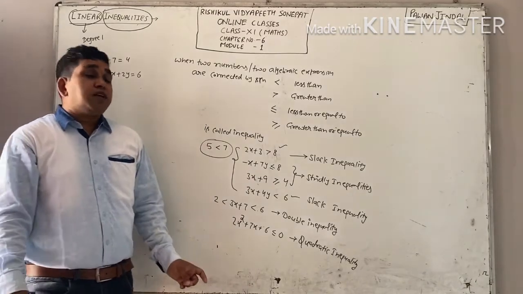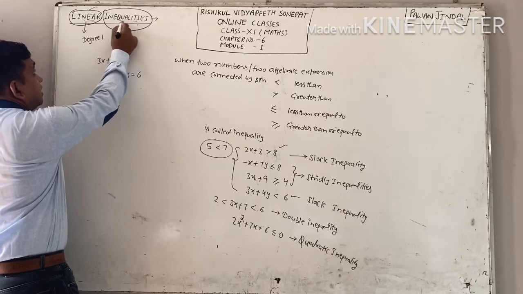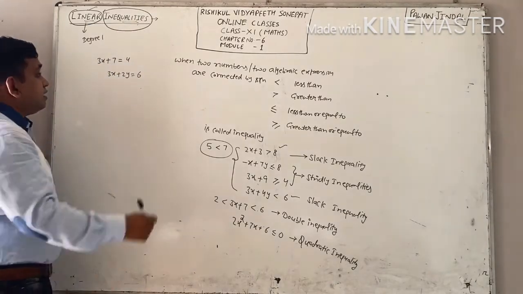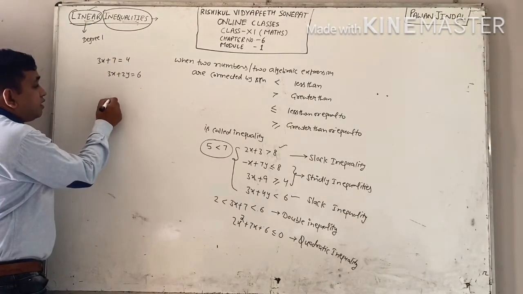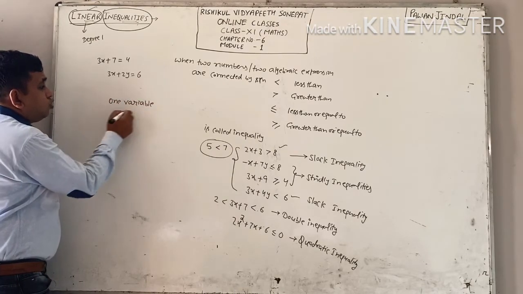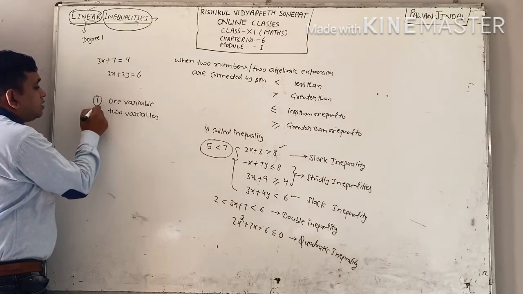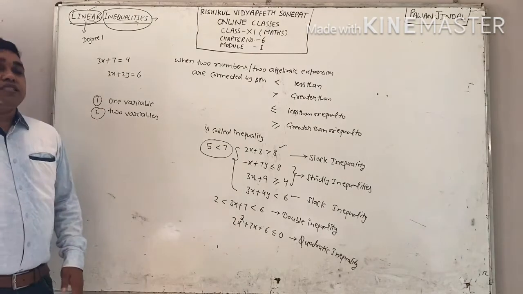But in this chapter, we will study only linear inequalities. And linear inequality it will be in one variable and two variables. We will study these two things in this chapter.